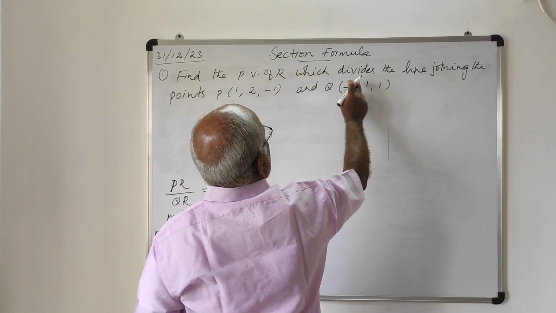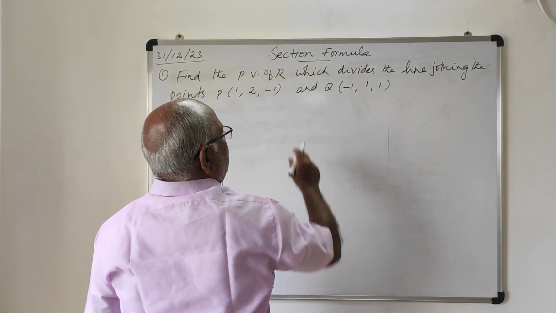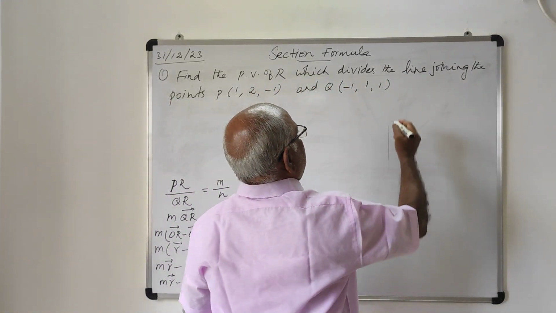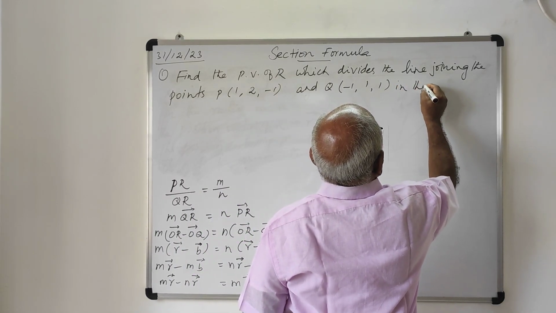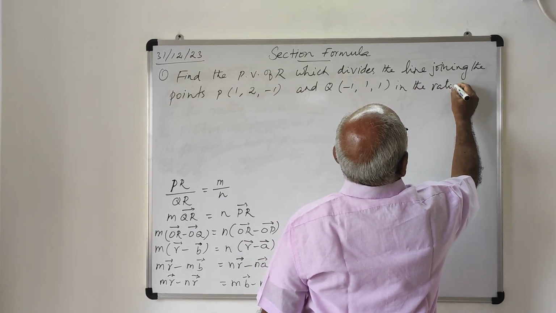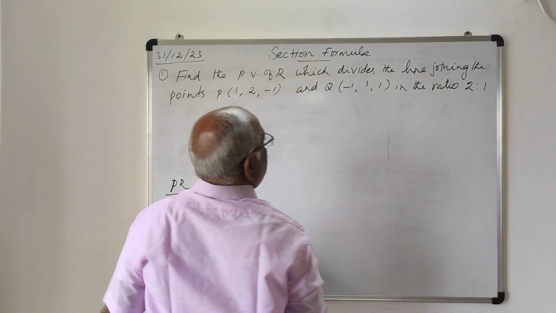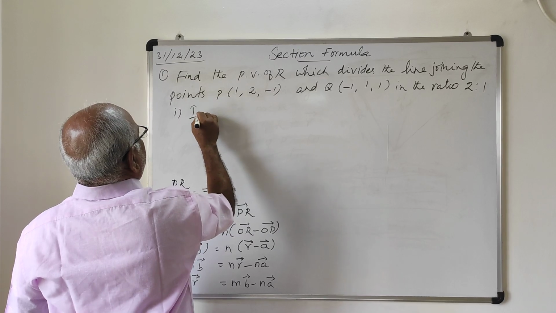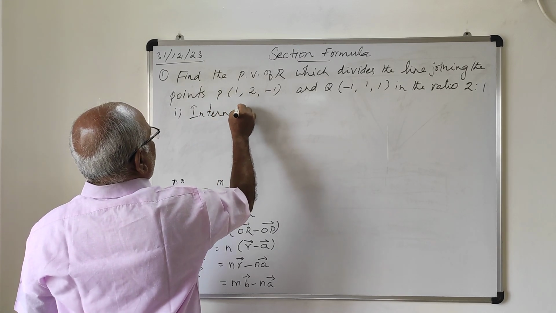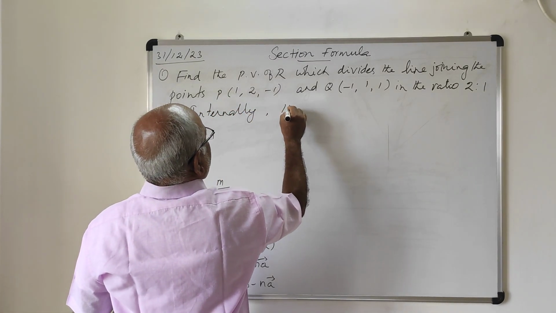Find the position vector of R which divides the line joining the points P and Q in the ratio 2:1, internally or externally.